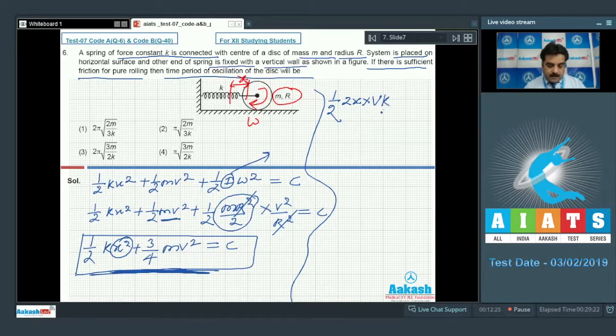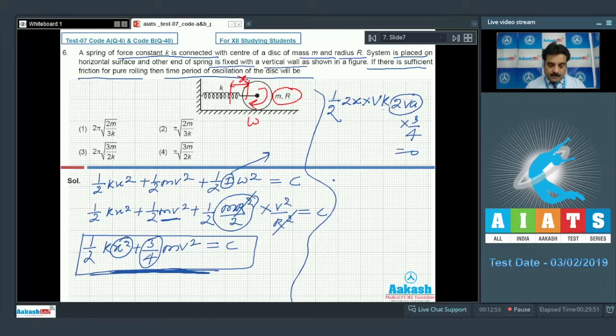Similarly, for 3 by 4 mv square, mass is constant, so you differentiate v square. First you will get 2v, and when you differentiate v, you write dv over dt, that will give you the acceleration. So 2va. This is the differentiation of v square, but 3 by 4 was there, so you write it here, and that is equal to 0.